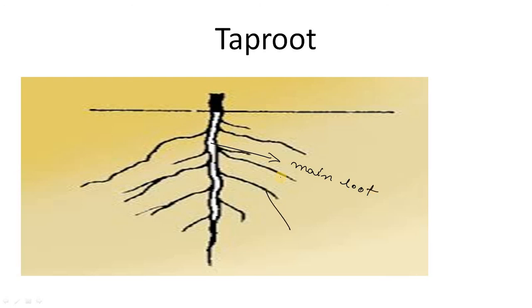These are all small roots, right? So this type of root is called taproot.